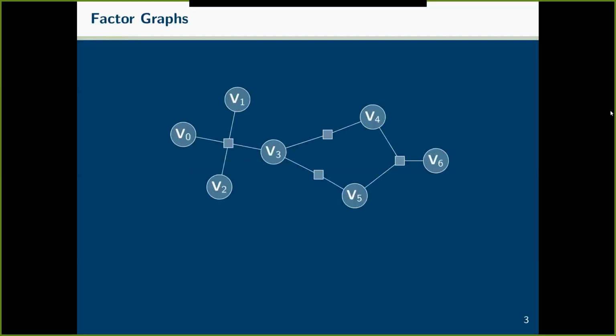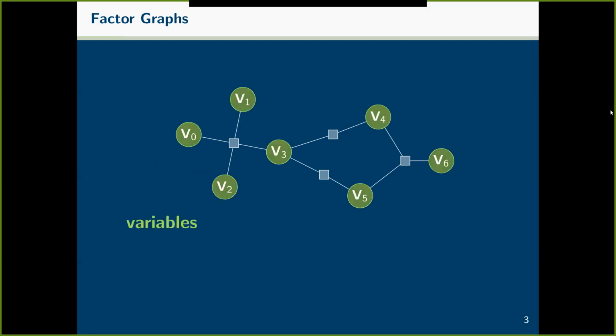Okay, so first, just a quick review of factor graphs. I think everyone here has probably seen factor graphs before. I know they came up in one of the previous talks in this series. But just as a reminder, a factor graph looks kind of like this, and it's made up of two things. It's made up of variables.